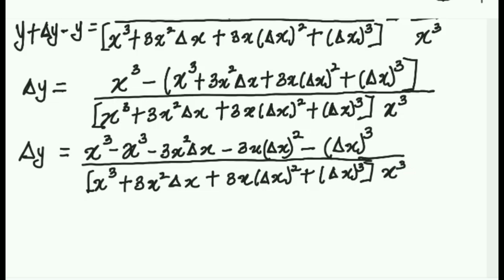So now let's subtract what we have here. This is now x cubed minus x cubed, that's 0.